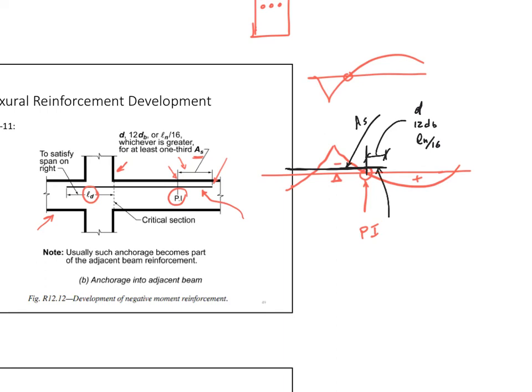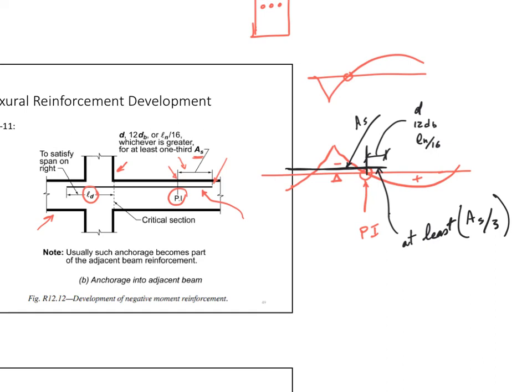Over here, at least As divided by 3. Okay? So make sure that you understand this. You don't have to get all your steel passing beyond the point of inflection. You can only have 1/3 of it passing beyond the point of inflection.